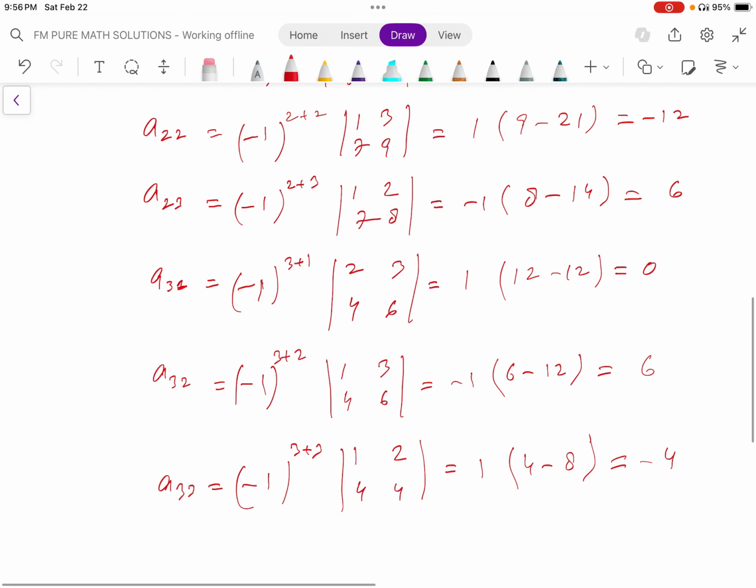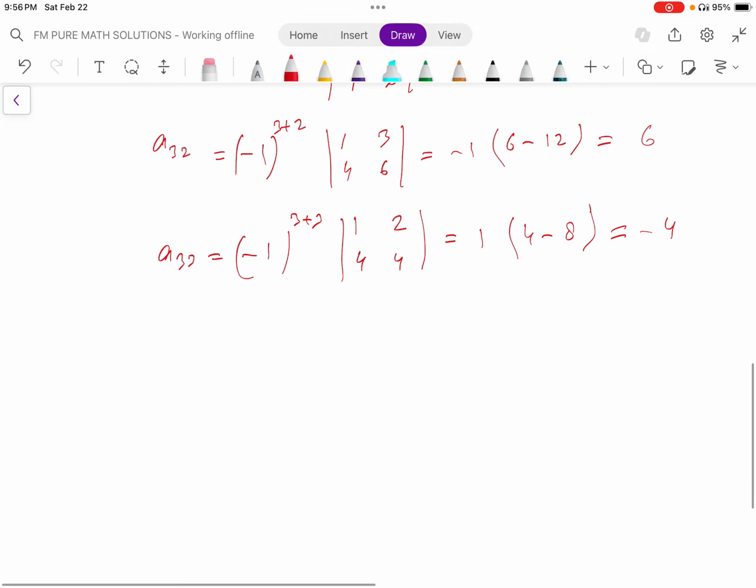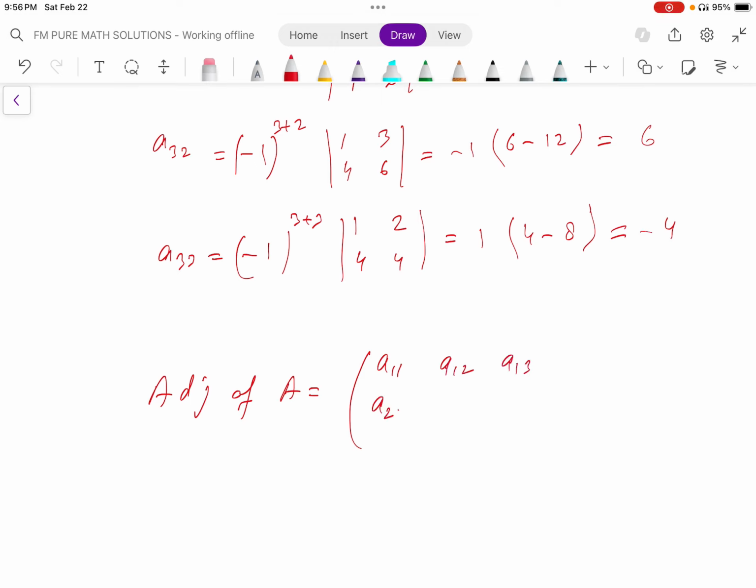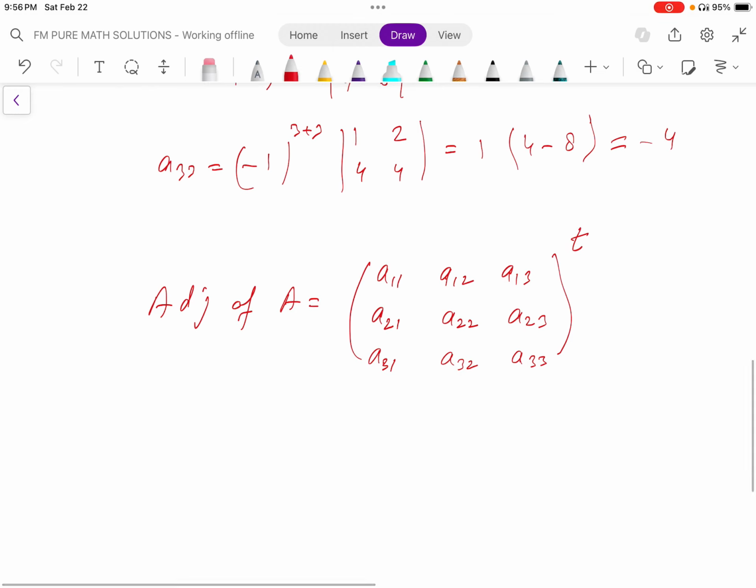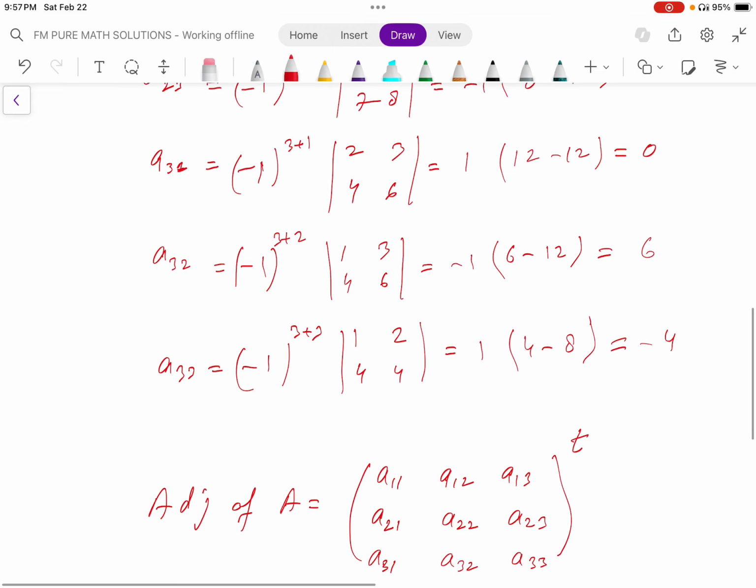Alright. Now these are all the elements of the adjoint of A. So the adjoint of A is found using this formula. This is A11 here, A12, A13, A21, A22, A23. These are the positions of the elements. A31, A32, A33. And we take its transpose. Now what does transpose mean? Let me plug in these values first.